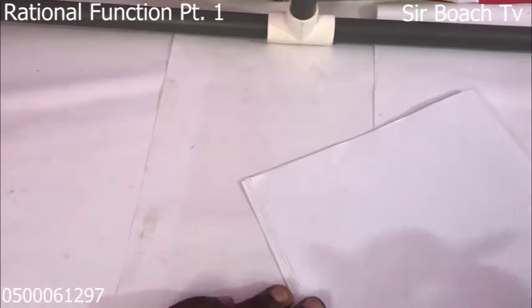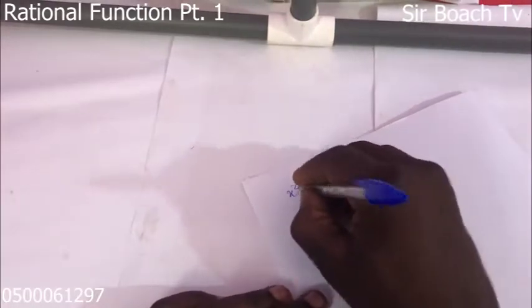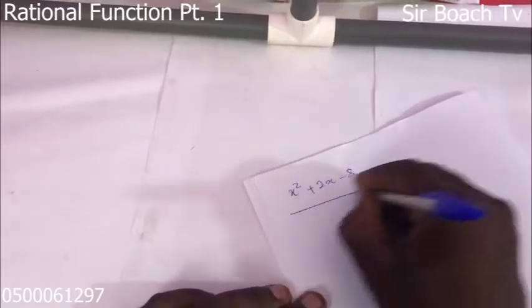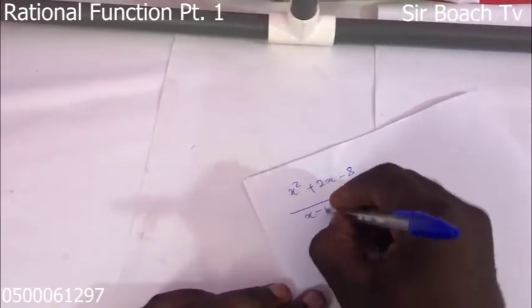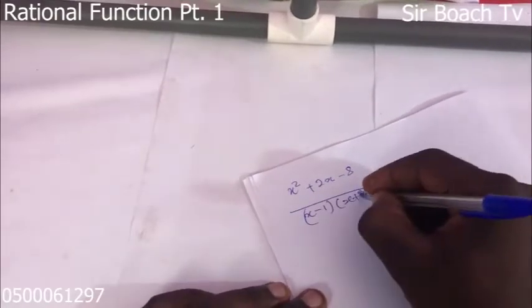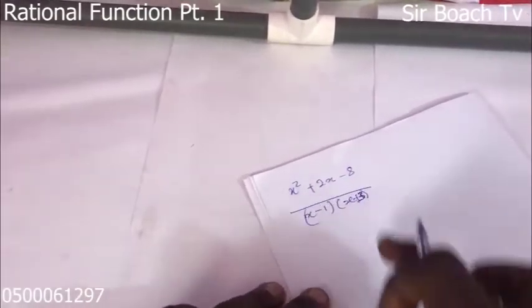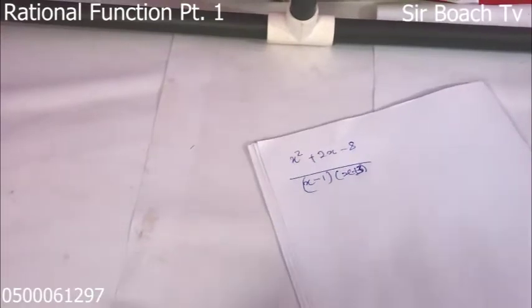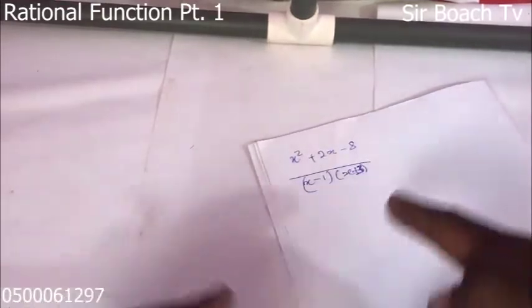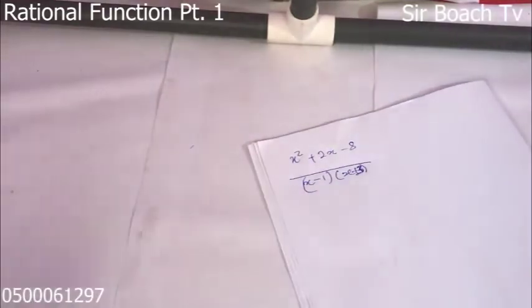We have x squared plus 2x minus 8, all over (x minus 1)(x plus 3). With this example, we want the values that will make the denominator 0. After we know the values that will make this statement undefined, we will say that the domain is all real numbers except those values.